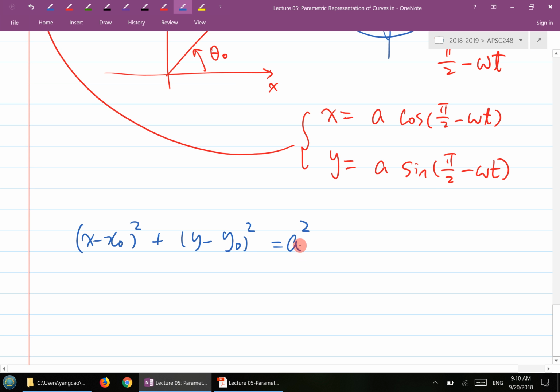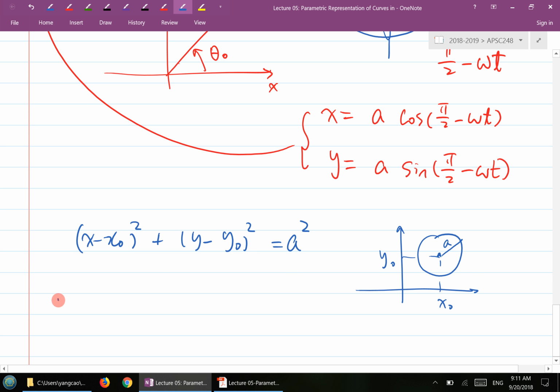I'll give you a circle in this expression. As you learned in high school, this means a circle centered at x0, y0 with a radius of a. That's a different circle, just a different location. Then what will be the parametric equation for this circle?